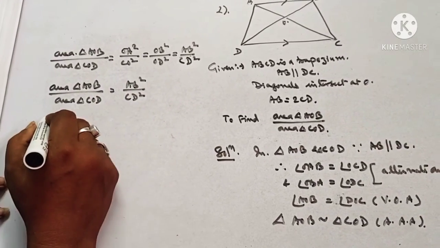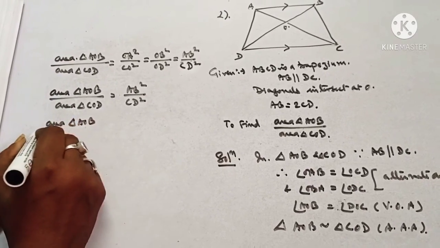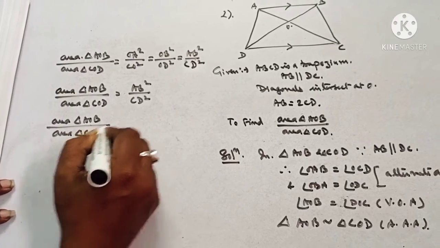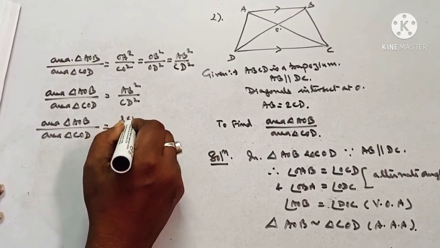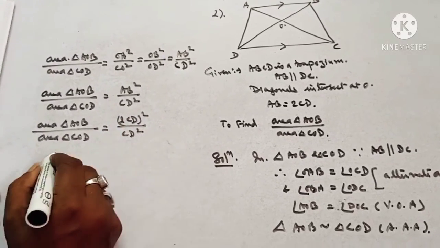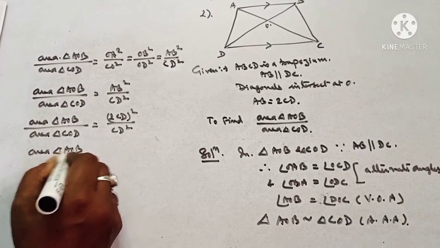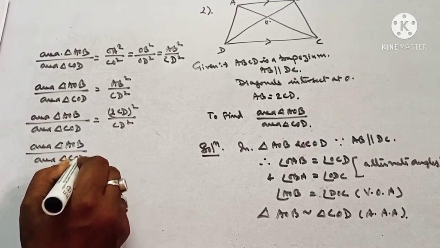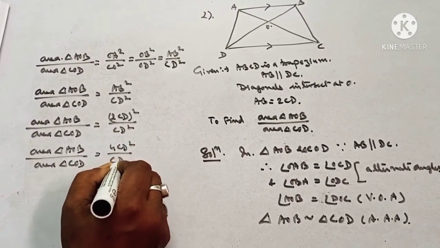Now it is again area triangle AOB by area triangle COD. Your AB, it is given twice CD, so 2CD the whole square by CD square. So area triangle AOB by area triangle COD is equal to 4CD square by CD square.